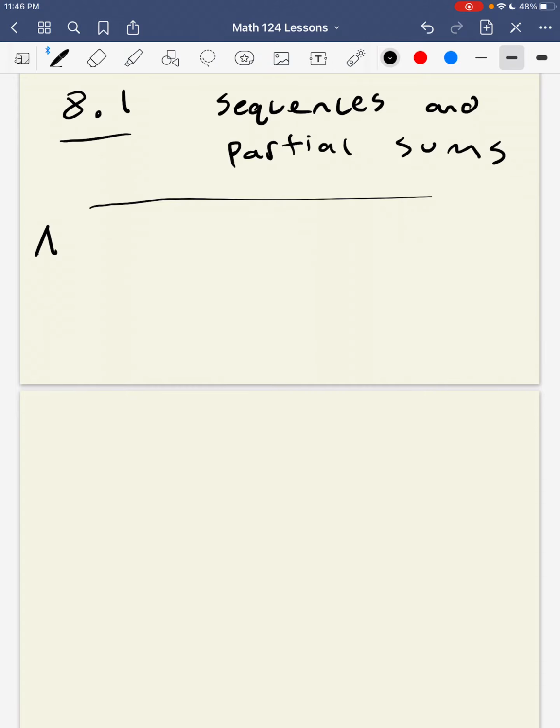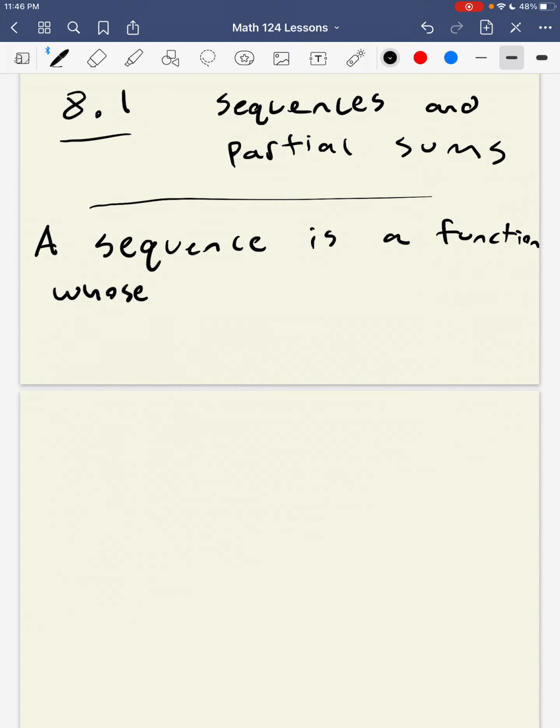A sequence is a function whose domain is the natural numbers, or whose domain is the set 1, 2, 3, 4, and so on.